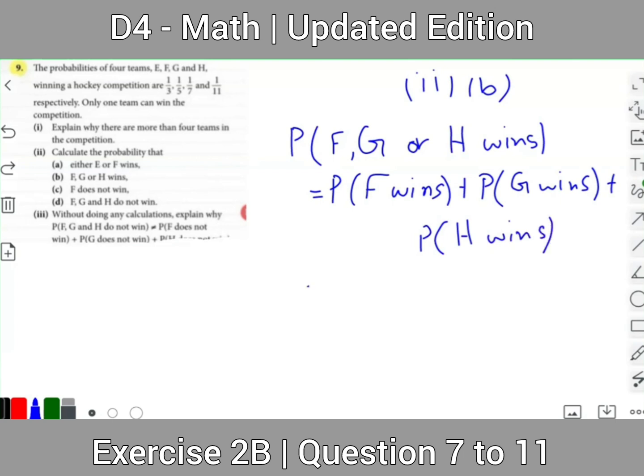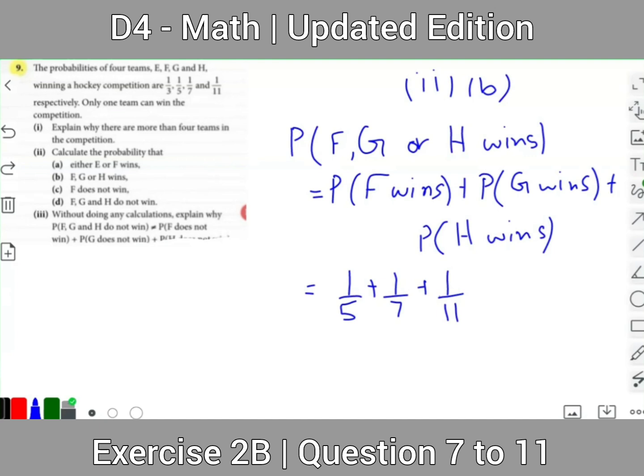And the probabilities of these three teams already given in the question, and those are 1 over 5 plus 1 over 7 plus 1 over 11. Now we will take the LCM of these three.